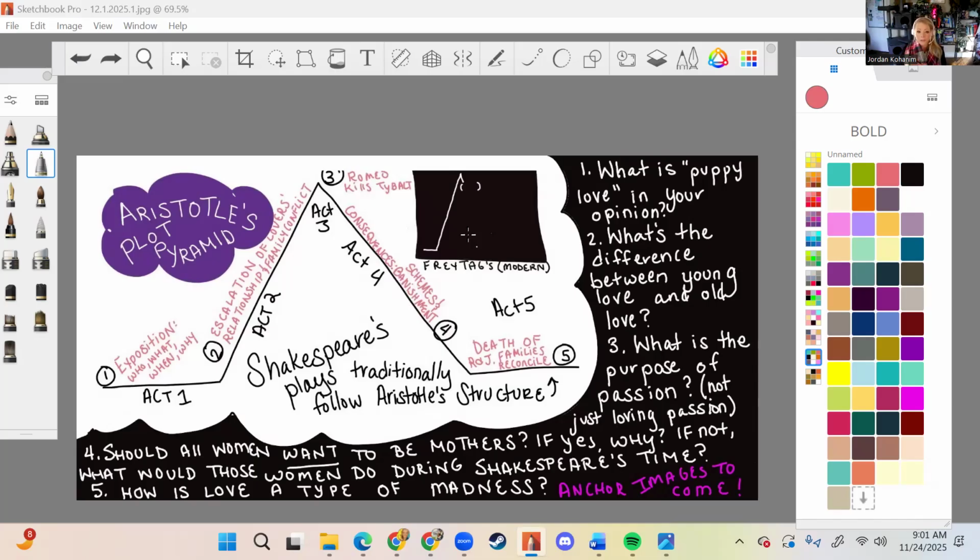Now, to be perfectly clear, when it comes to looking at plot pyramids and Shakespearean plays, there are whole scholars devoted to arguing how these plots unfold and whether or not they follow Joseph Campbell's hero's journey, or are they more along the lines of this modern versus this more traditional Aristotelian. And is the Aristotelian even the way that we understand the plot pyramids, right?